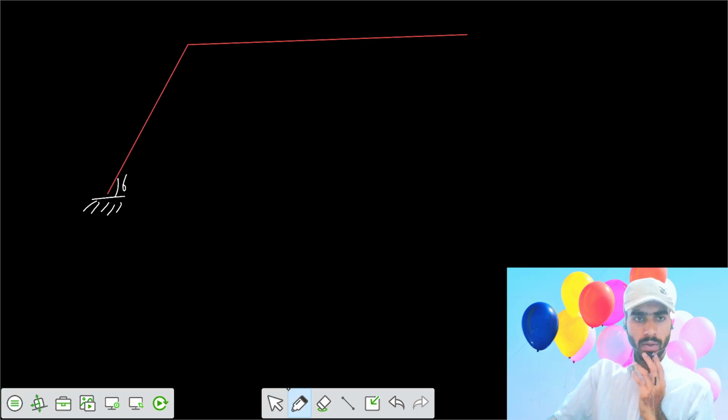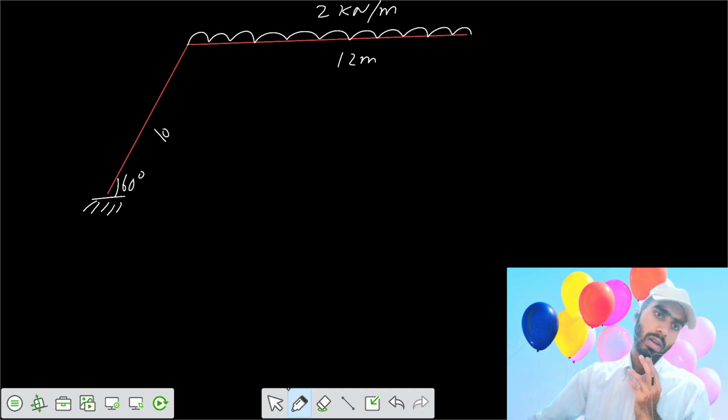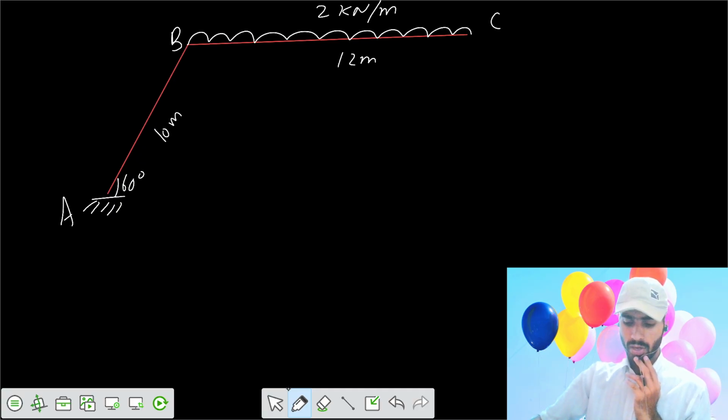This is your theta equals 60 degrees, and a UDL of 2 kilonewton per meter is acting on the beam for a length of 12 meter, and this is your 10 meter along the length. Say this is your A, B, and C. You need to get the value of theta at C.